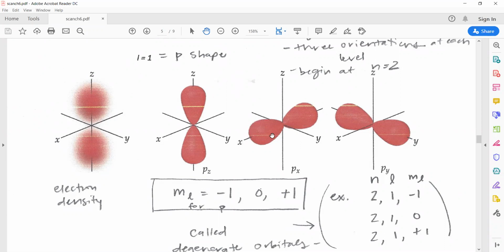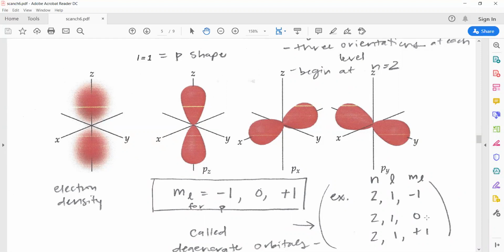I see them here in front of me. And so these 3 P orbitals have distinct magnetic quantum numbers, which are -1, 0, and +1. So the 2, 1, -1 corresponds with one of these pictures. 2, 1, 0 corresponds to another, and 2, 1, +1 corresponds to a third.